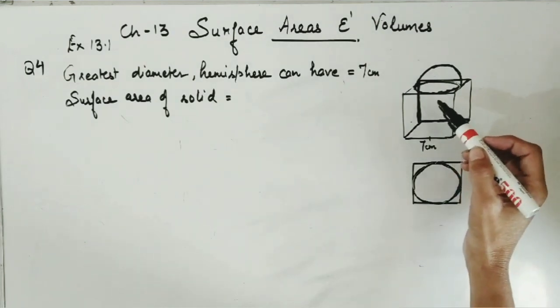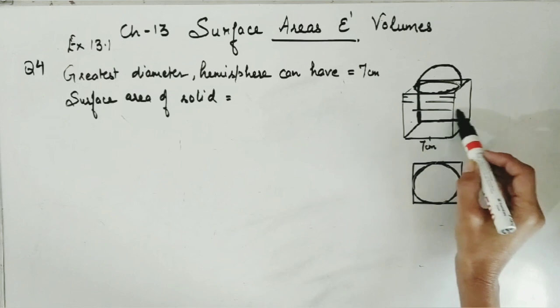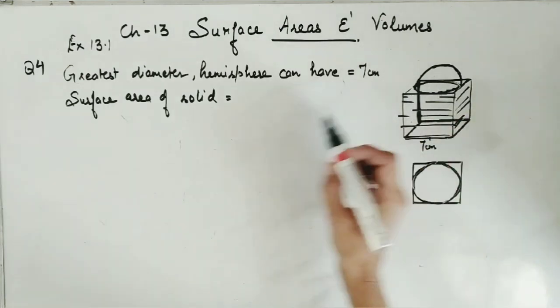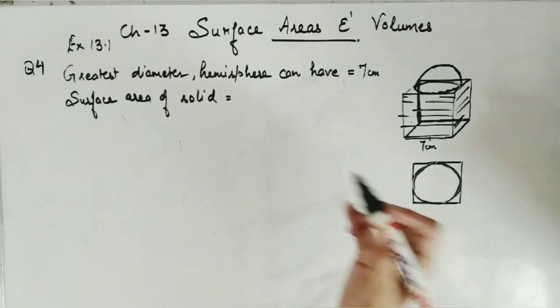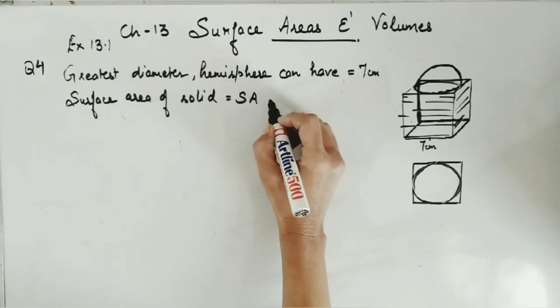In totality, what do you observe? We have one full cube over here. So we say surface area of cube. I'll just write SA.